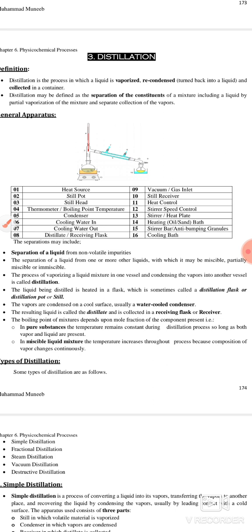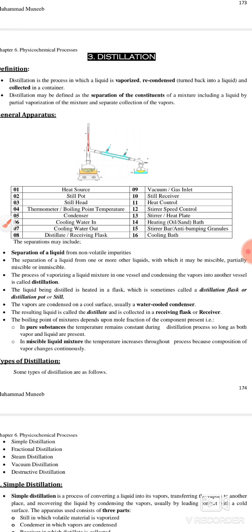So you have to purify it by removing volatile impurities. The separation of liquids from one another, which may be miscible, partially miscible or immiscible, by the process of vaporization in one vessel and condensing the vapor in another vessel, is called distillation.